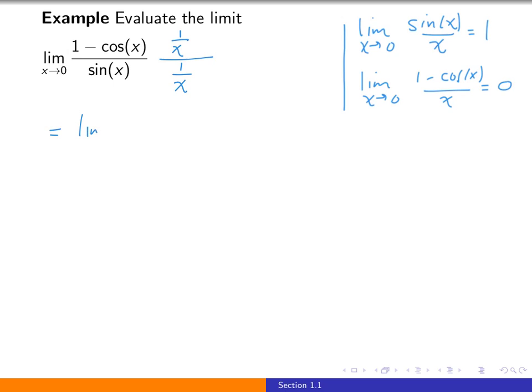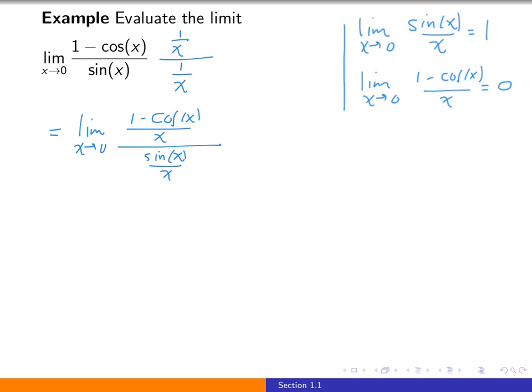Then this becomes the limit as x approaches 0 of 1 minus cosine x divided by x, all divided by sine x over x.